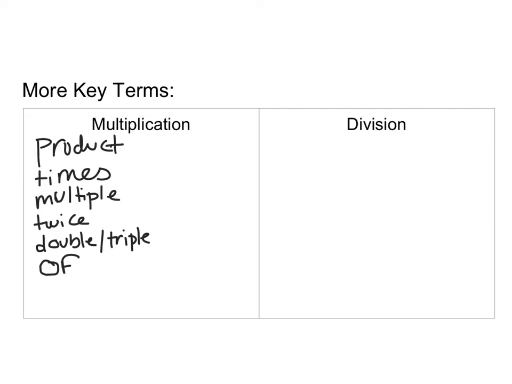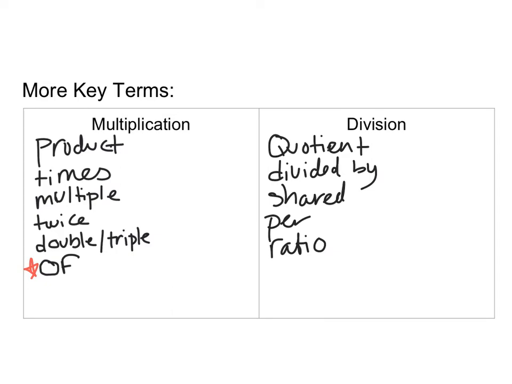That's super, super important, of. And then go ahead and pause and do the same thing for division. How many did you get? This time that per is that really important one that sometimes kids forget. That's a really key word.